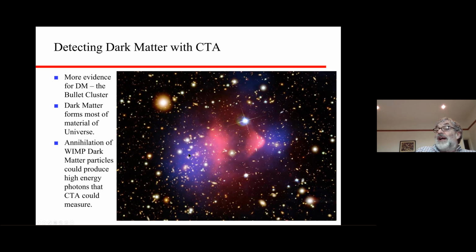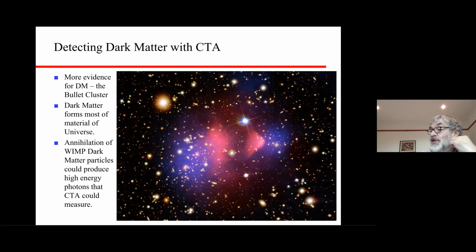So if that's the case, we might be able to find these particles using CTA if they occasionally annihilate. So one WIMP particle hits another particle, producing photons. Because of the very large mass of these particles, the energy of the photons they would produce will be large. They could travel to the Earth.